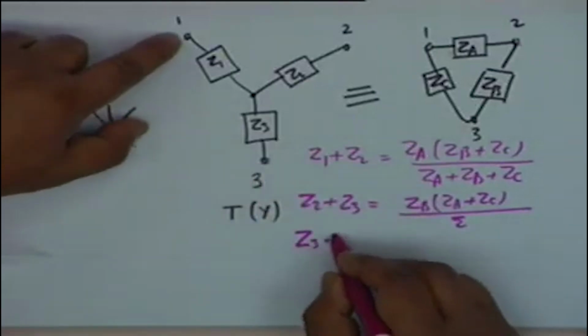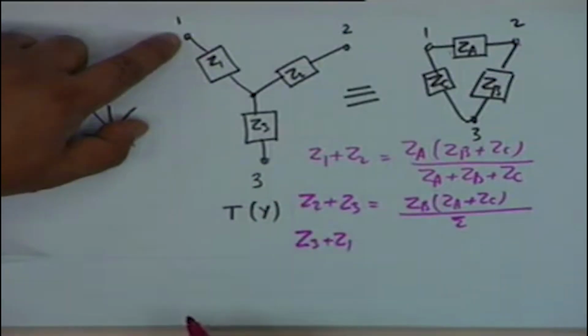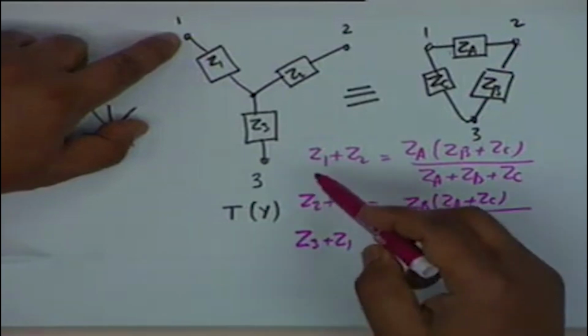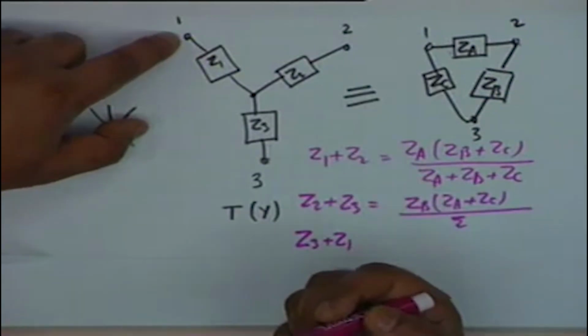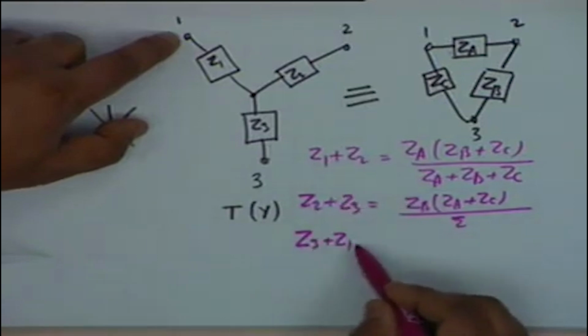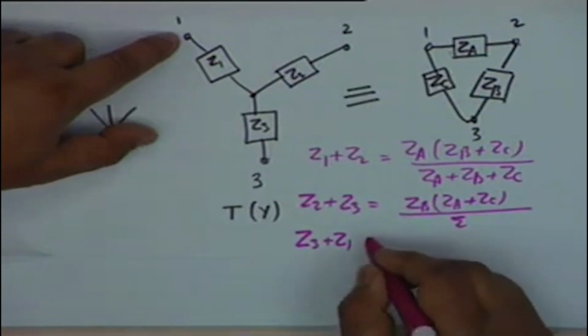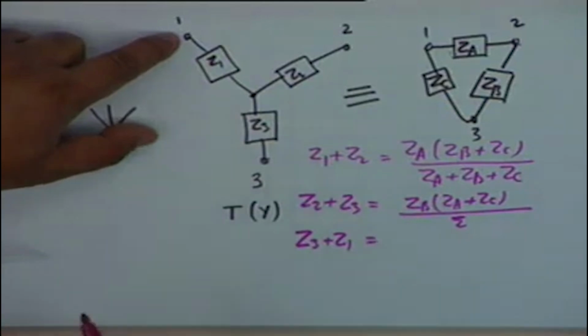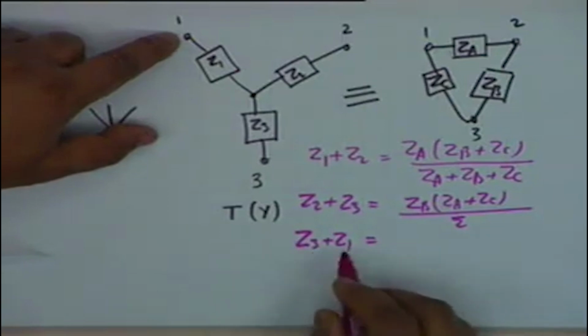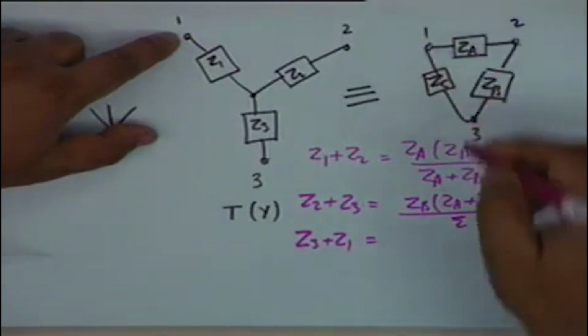So, Z3 plus Z1. You must notice that there is a certain kind of circular symmetry that I am following: 1, 2, 2, 3, 3, 1. It always helps. Nature has symmetries, beauties of symmetry, and it helps to preserve those symmetries. Z3 plus Z1 shall be between 1 and 3.